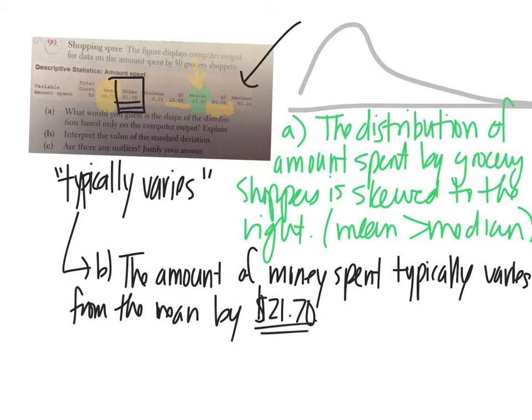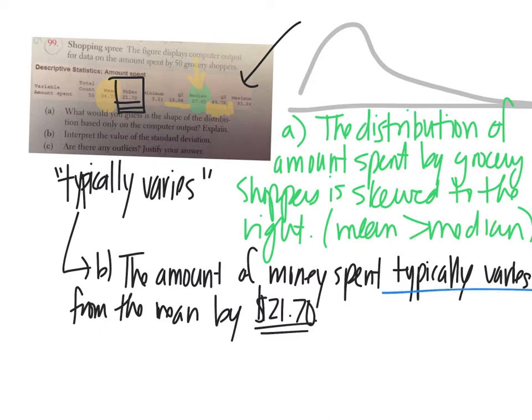That's that standard deviation up there. This is a good script probably to know. The amount of money typically varies from the mean by da-da-da. Or you could say the average distance from the mean is $21.70. I think that would be okay too. But I think this one makes more sense.